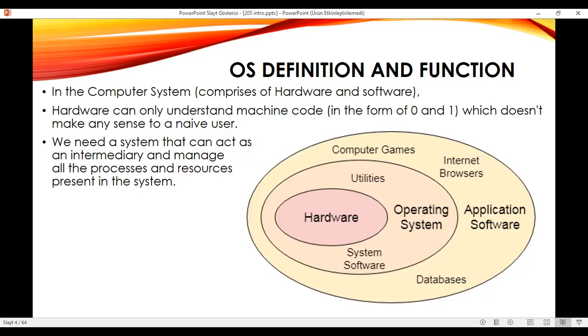So how can we communicate? The operating system acts as an intermediary between the computer and us, the hardware and the users. By this way, the operating system is managing everything for us.